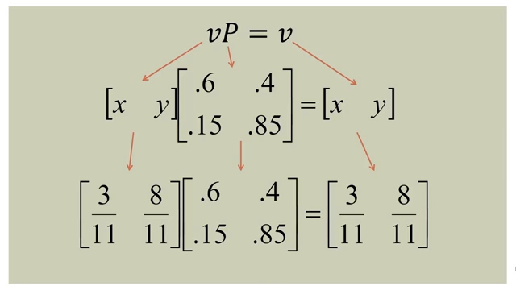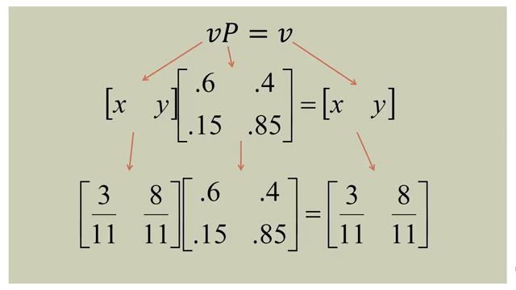So if we take a vector or a matrix that's 3/11 and 8/11, we multiply that by our transition matrix, guess what we get for an answer? We get our steady state vector back. You can actually do this in your graphing calculator, and you'll see that the vector of 3/11 and 8/11 multiplied by our transition matrix gives us our probabilities back, gives us our vector back.